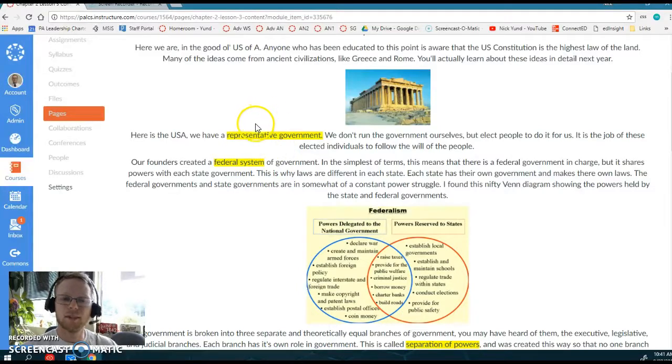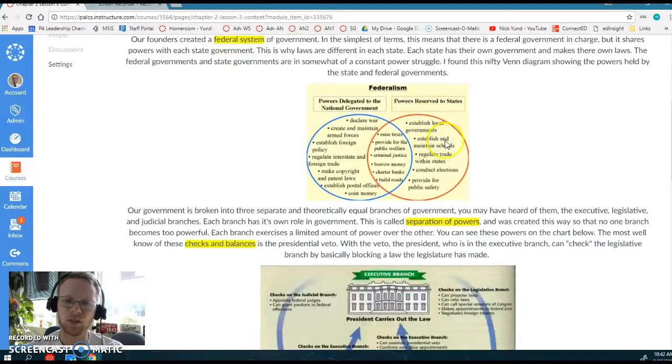The federal government and the state governments are in somewhat a constant power struggle over what laws should be made by who. But I found this nifty Venn diagram here showing that power is held by the state and federal governments. For example, the national government is in charge of foreign policy and interstate trade, copyright, patent laws, things like that.